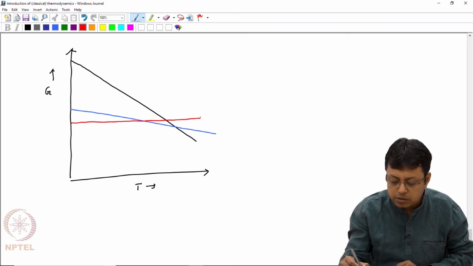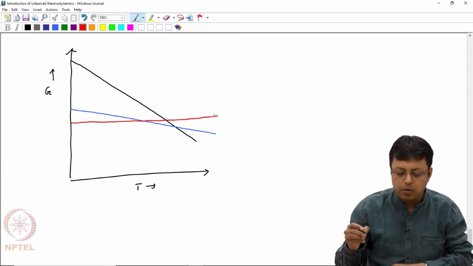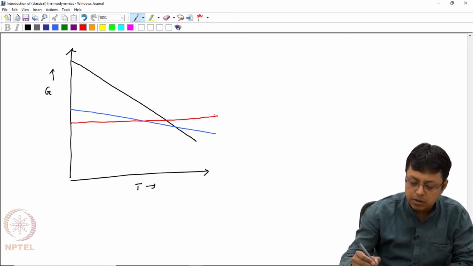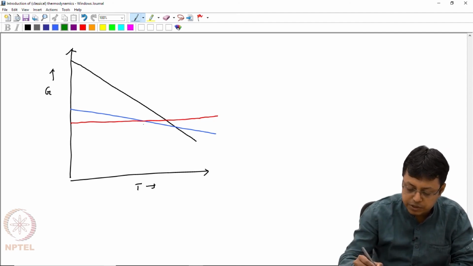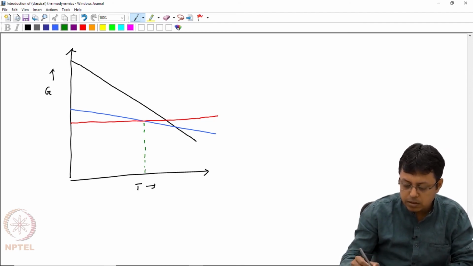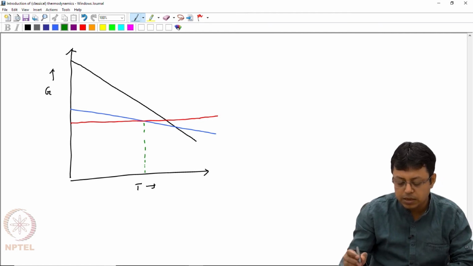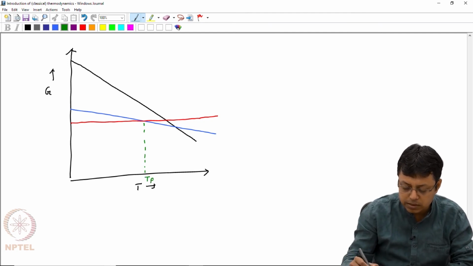All right, so now see, the freezing point is basically the intersection of the curves of the solid and the liquid, so we just write it as TF.